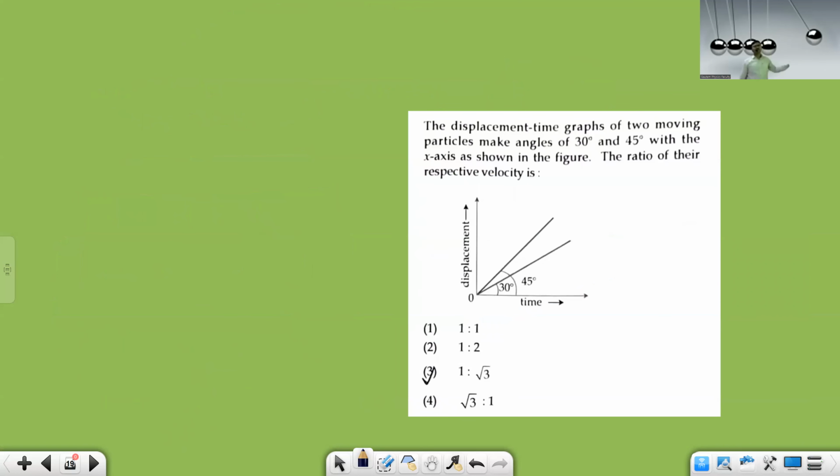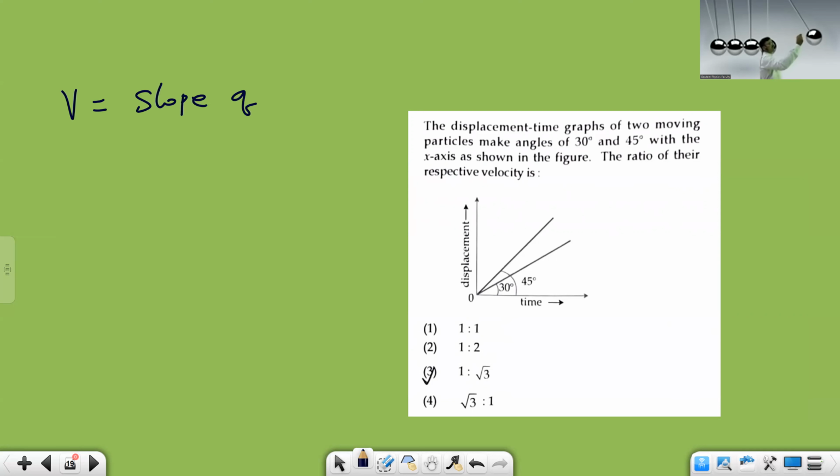See now here, the displacement time graph of two moving particles makes angles of 30 and 45 with the x-axis. With the x-axis, they are making 30 and 45 degrees, they told, and asked for the ratio of the respective velocities. I know that velocity is nothing but the slope of the displacement time graph.